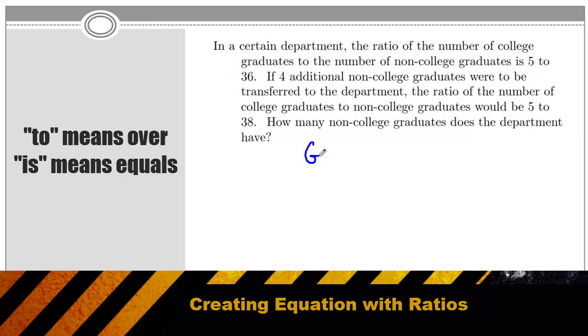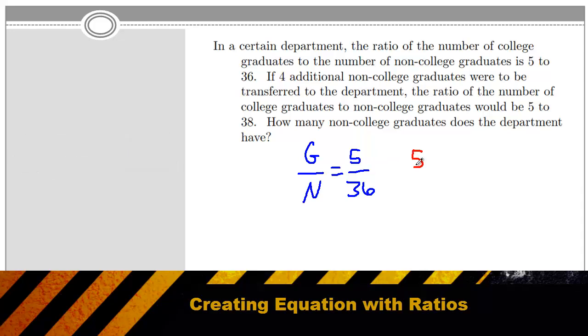Or G over N is 5 over 36. From there, I can cross multiply, and I get the equation that 5n is equal to 36g.